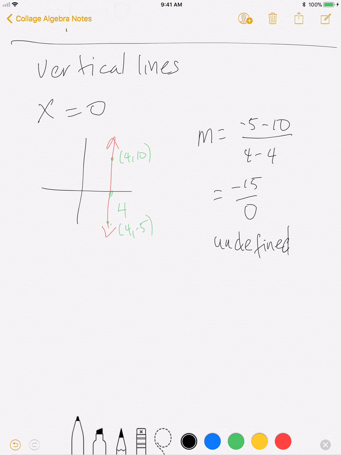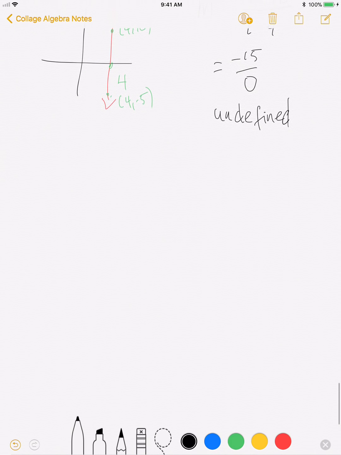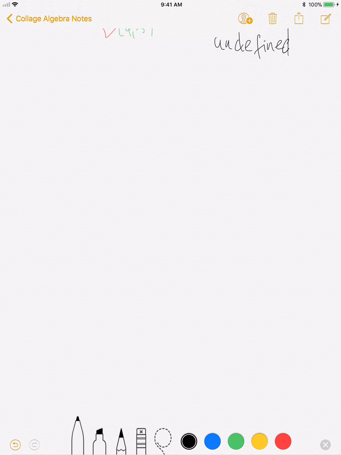If you see an equation where you have x only, no y's anywhere, that is a line that's automatically going up and down. Okay, so a nice little way to remember this is VUX. Vertical lines have undefined slope.